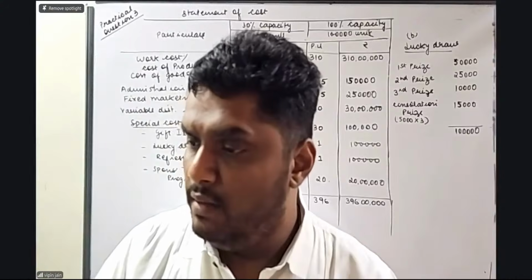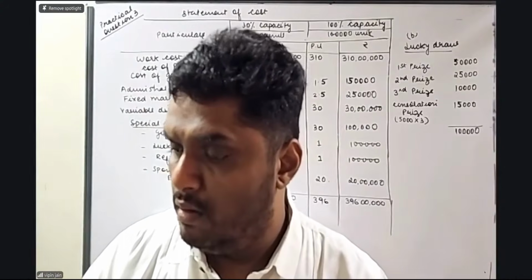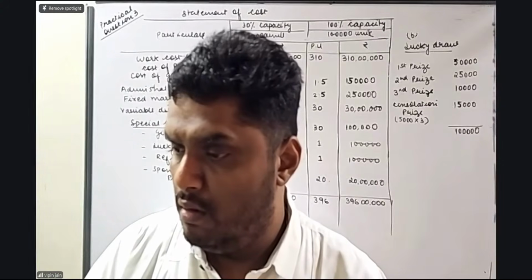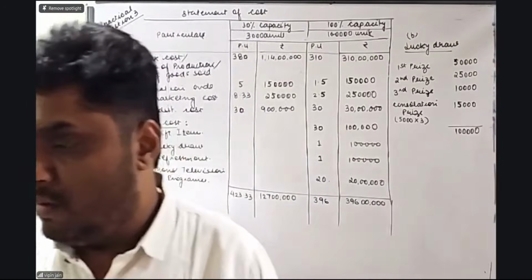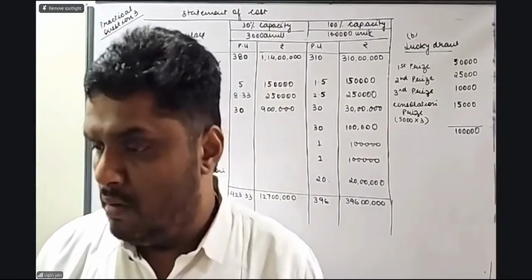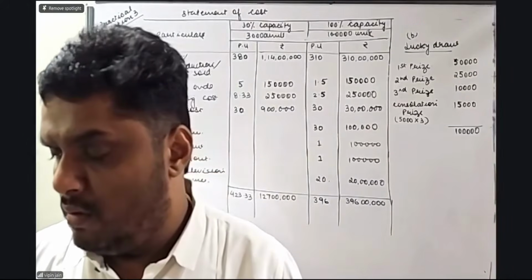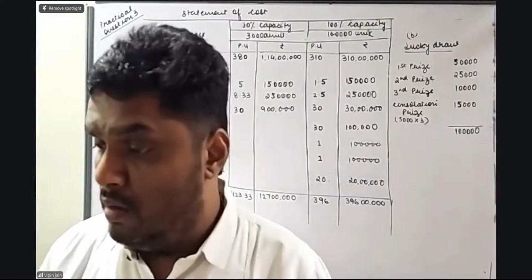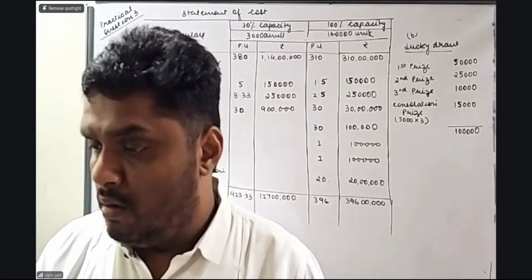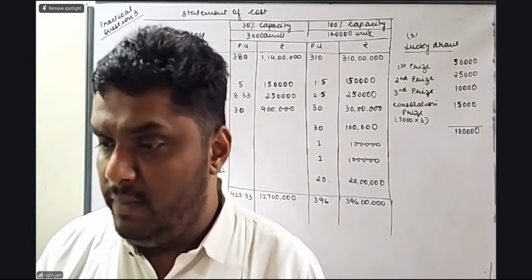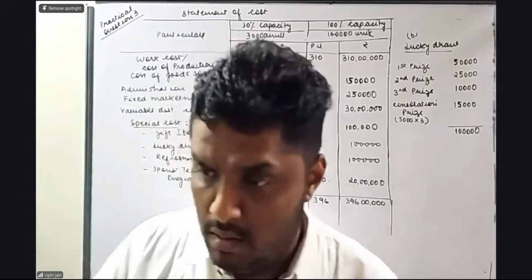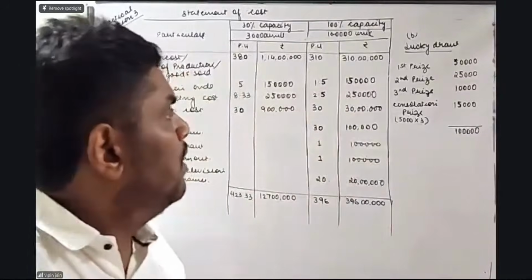Yes, Divya, tell me. Yes, Divya, tell me. Sir, gift item total will be 30 lakh and you wrote 1 lakh there.